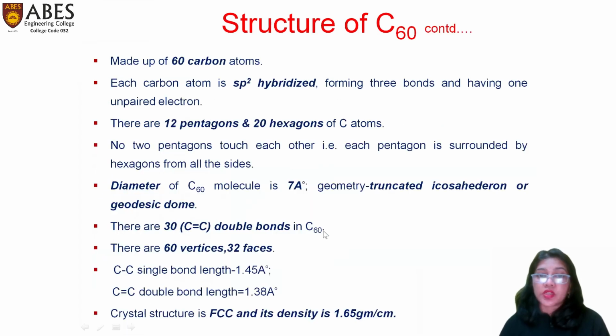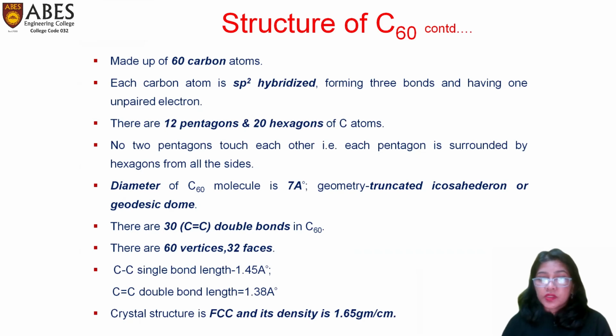Now we'll be discussing the structure of fullerene, and we're taking the example of C60 fullerene because it is widely used. C60 fullerene is made up of 60 carbon atoms. Here each carbon atom is sp2 hybridized, similar to graphite. When these 60 carbon atoms combine, they form a ball-like structure in which the shapes are pentagons and hexagons.